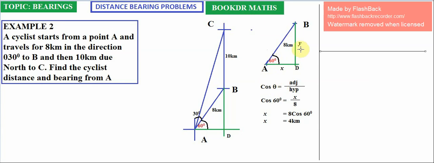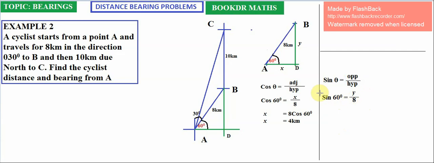Sine is opposite over hypotenuse. The formula for sine theta is equal to opposite over hypotenuse. Our opposite is y, our hypotenuse is still 8, and our theta in this case is 60 degrees. Sine 60 degrees is equal to y over 8.